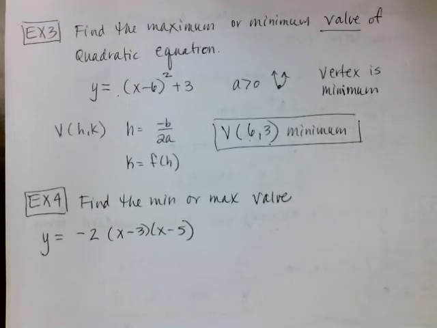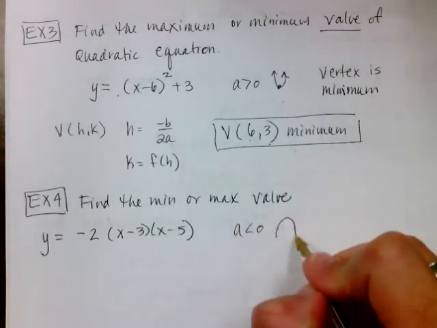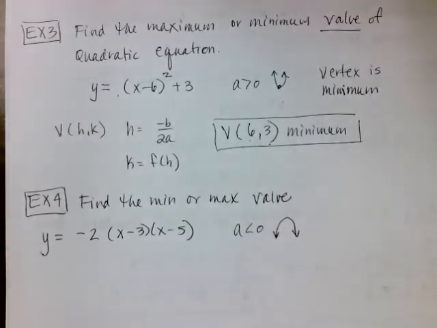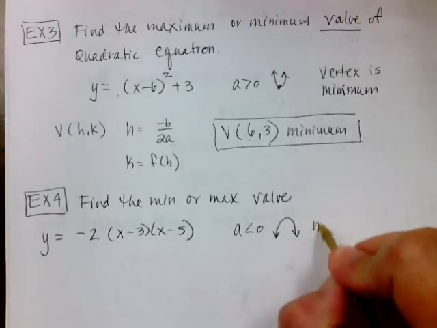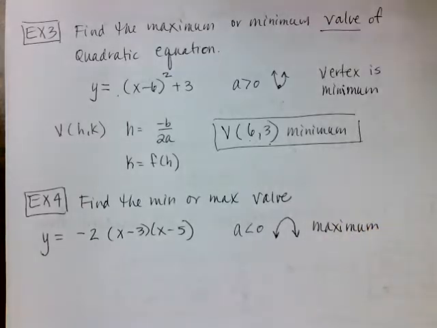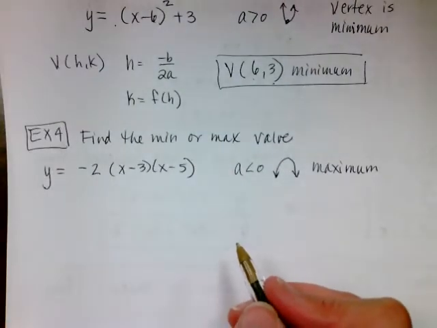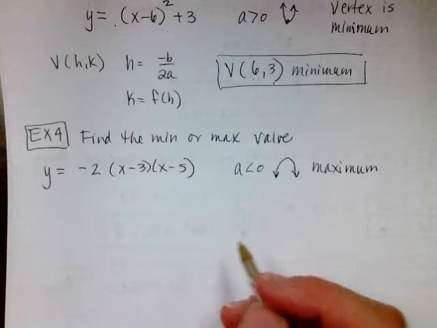So if I critique my function, my a is negative 2, so my a is negative, and I know that my parabola is going to be turned upside down, which means that my vertex is going to become a maximum. So let's first put our equation in standard form, and then we can find our vertex h and k.